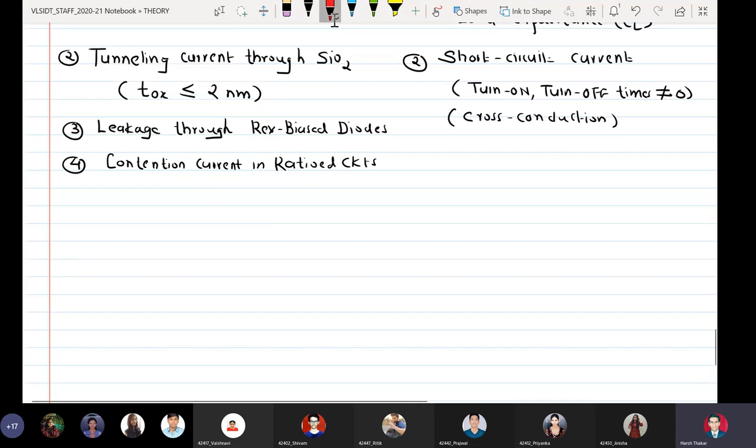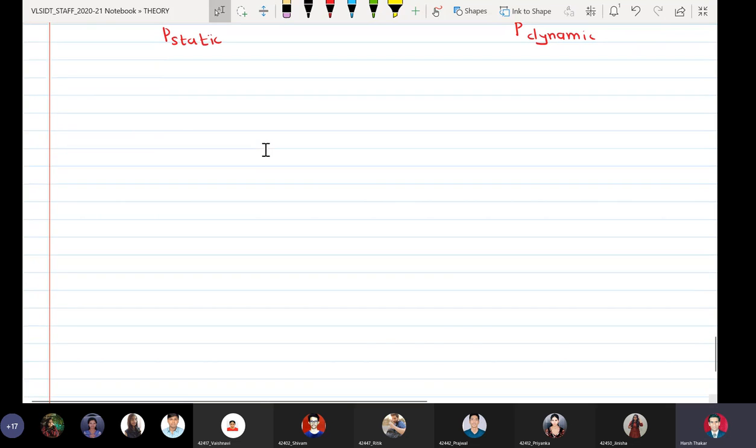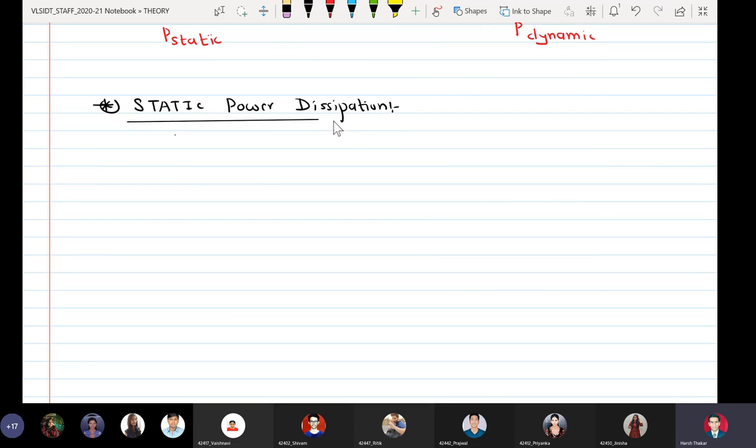So because of the first set of factors, what we get is static power dissipation, and because of these two factors we get dynamic power dissipation.